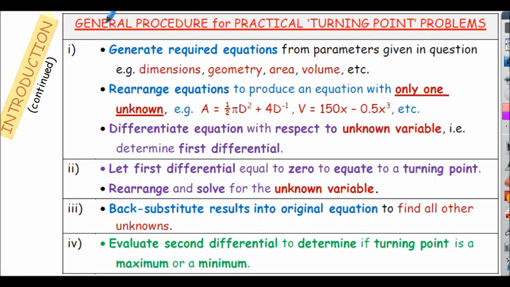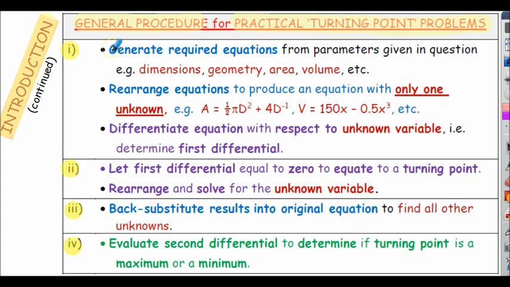Introduction continued. So here's what's termed a general approach for determining turning points related to practical problems. Again, we have the 4 steps as outlined in the previous presentation for calculating turning points. The latter 3 steps in this process are the same as those we used in the previous presentation. It's just the first step that has been enhanced here.